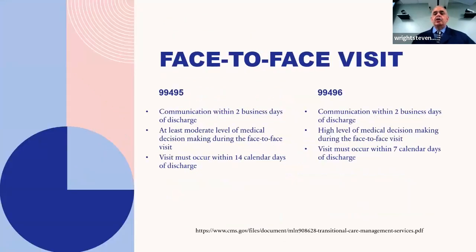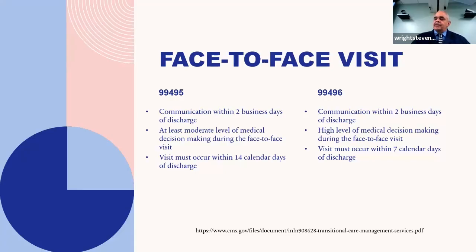And these are the codes we talked about in the objectives for the meeting. The codes that are associated with the TOC visit. This is a list of some of the requirements for the TOC visit. For the moderate visits, you have to be seen within 14 days. For the medically complex visit, within 7 days.